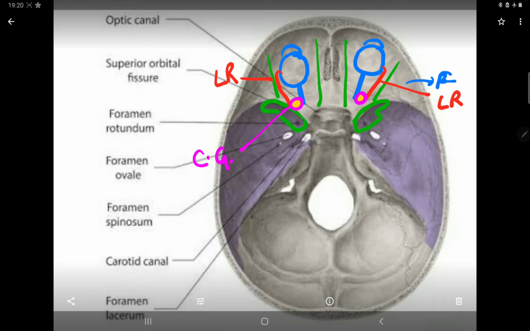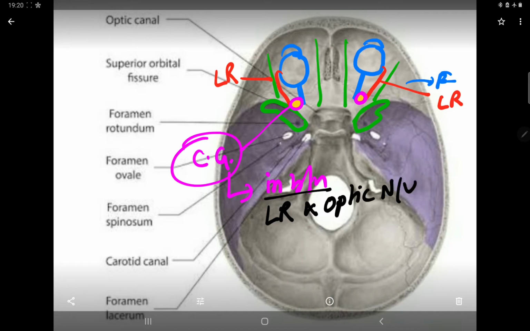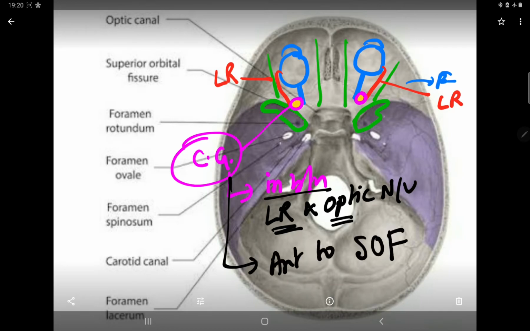So you can say your ciliary ganglion is present in between the lateral rectus muscle and the optic nerve. Okay, and it is also anterior to your superior orbital fissure. This is the superior orbital fissure.